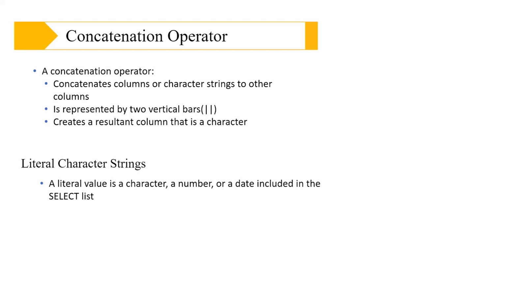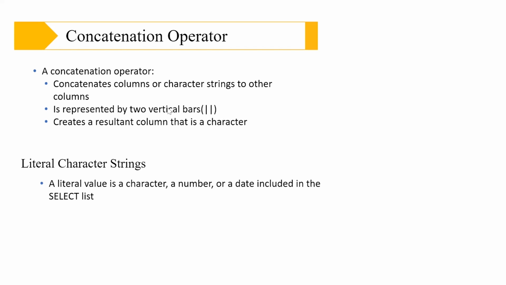This is an operator which concatenates or joins the columns or the character strings to other columns. Okay, so basically you can join two columns together, or you can join two characters together, or you can also join columns and characters together. So whichever way you want you can do, but just use this concatenation operator.